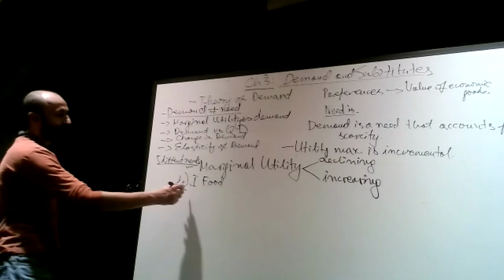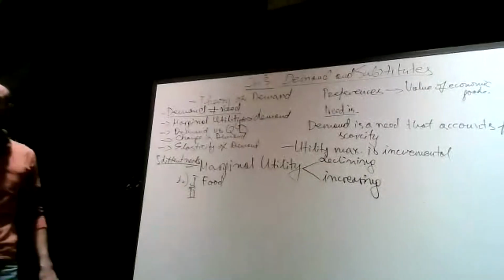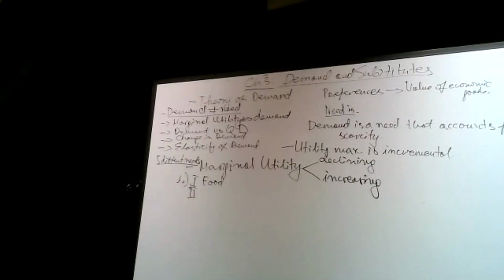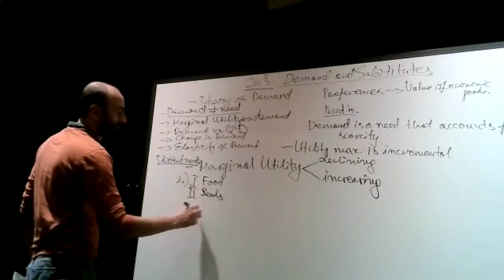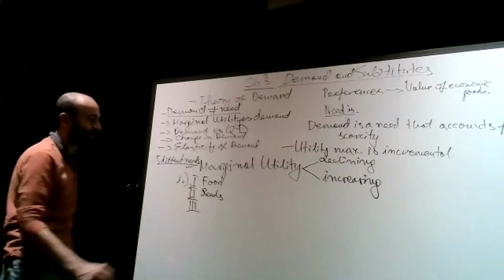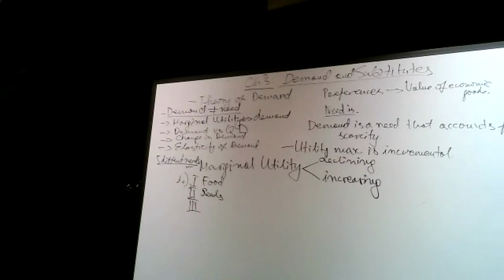Then the second most important need is, let's say, for seeds to plant corn for the next harvest, for next year. Let's say then the third is to feed, if you find some animals, or let's say imagine he has chicken or something like that, to feed animals, to supplement his diet with some protein.